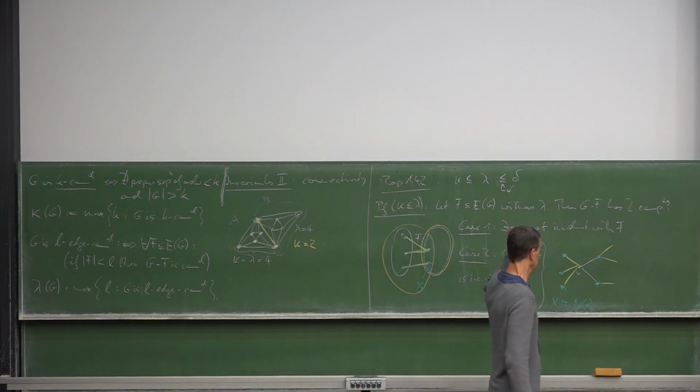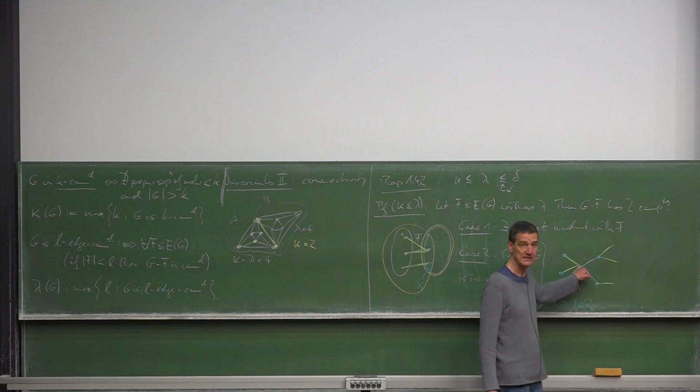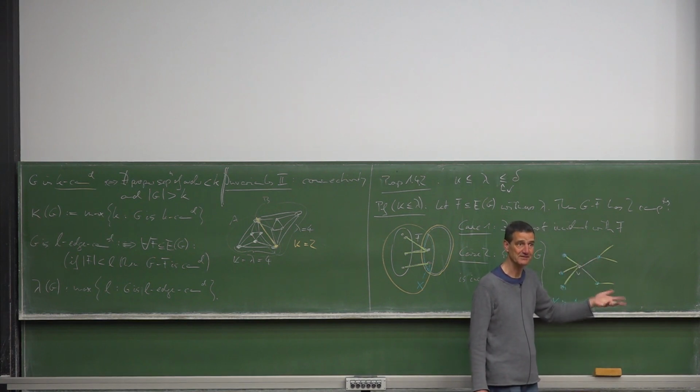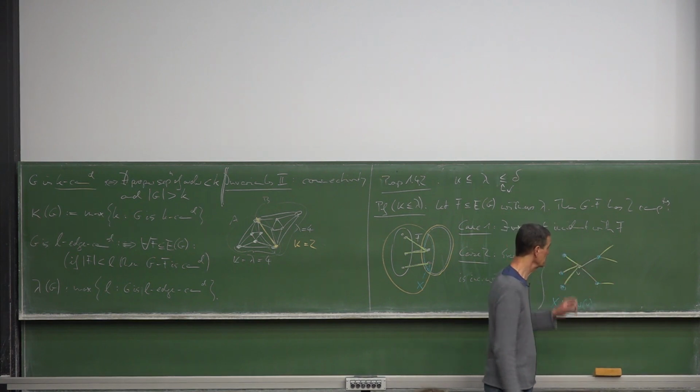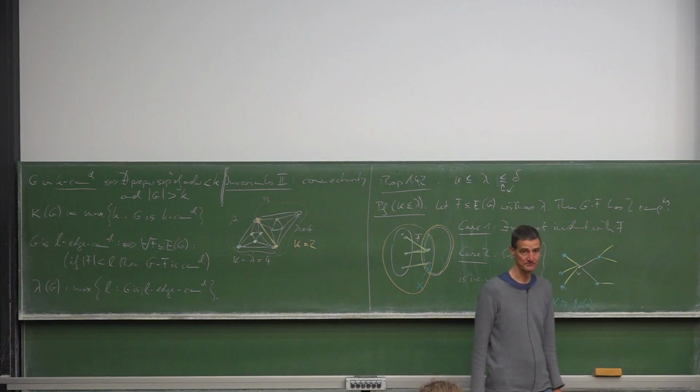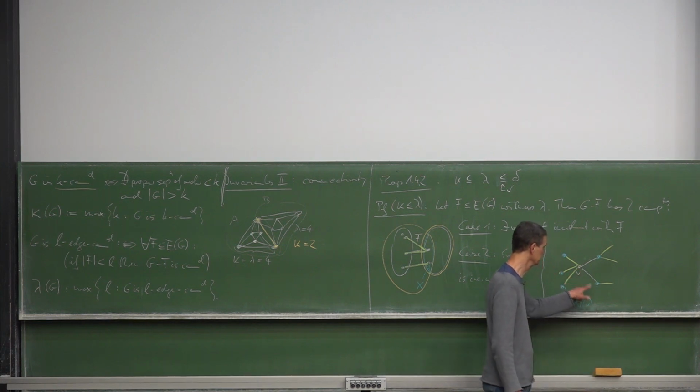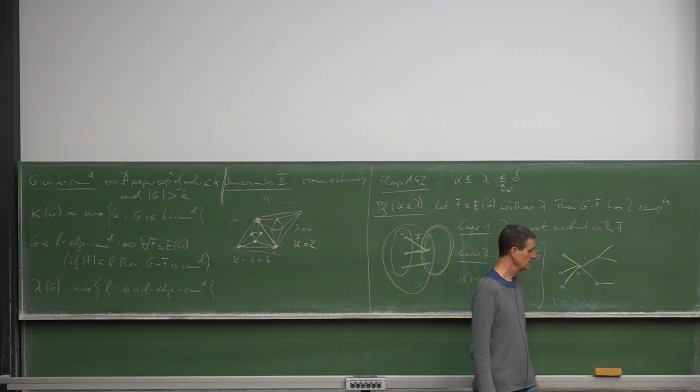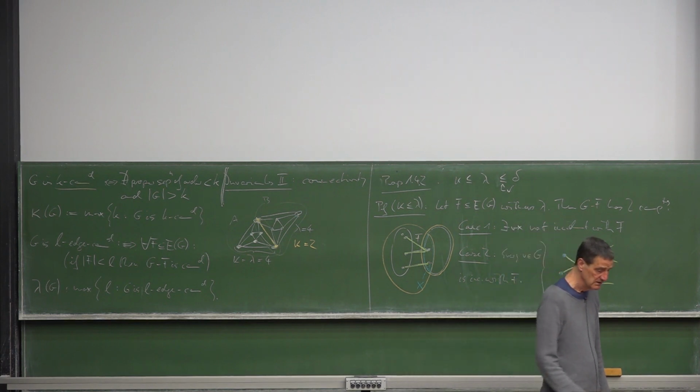So if every vertex is adjacent to everything else, we're done. Okay, so there exists some other vertex that is not a neighbor of V. Okay, so let's use that separation.